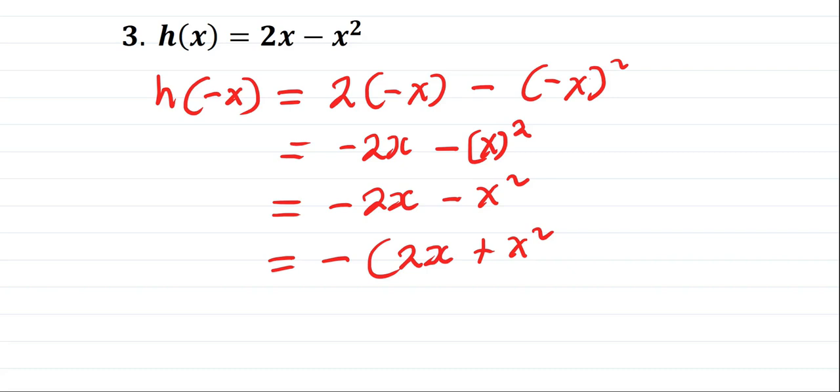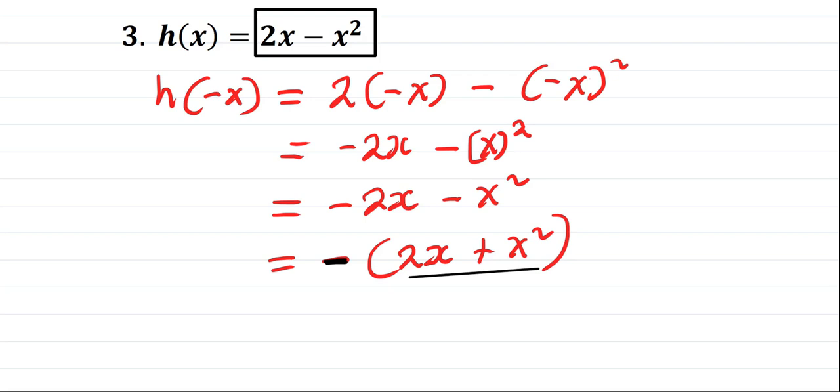Okay, so now that we factor the negative sign out, this is supposed to be an odd function, but it is not an odd function because this is 2x plus x squared. The original function is 2x minus x squared, as you can see over here, but this is 2x plus x squared.